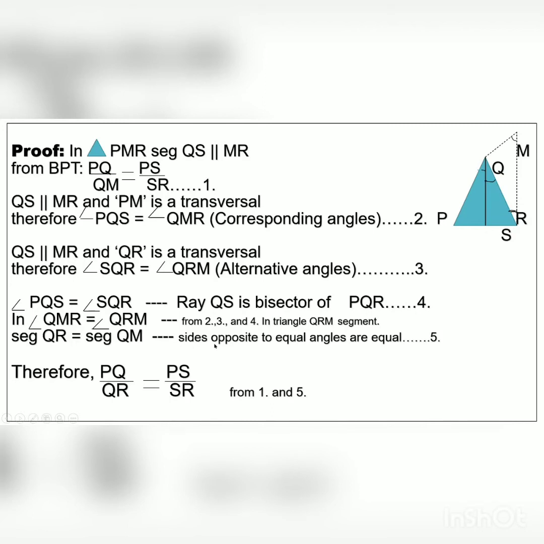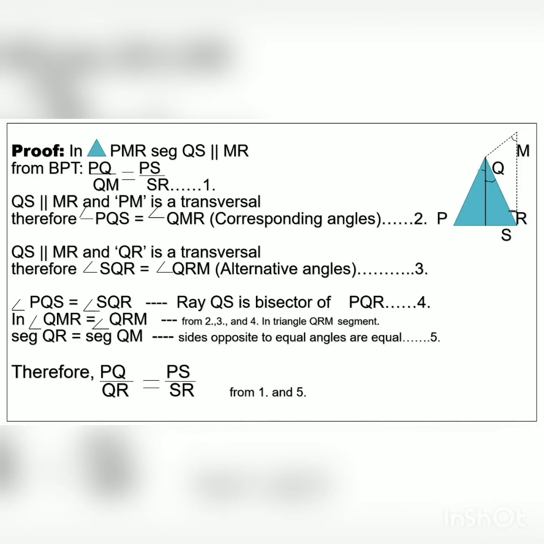From second, third and fourth, angle QMR is equal to angle QRM. See here carefully. In the second equation, angle PQS is equal to angle QMR. In the third equation, angle SQR is equal to angle QRM. And in the fourth equation, angle PQS is equal to angle SQR.